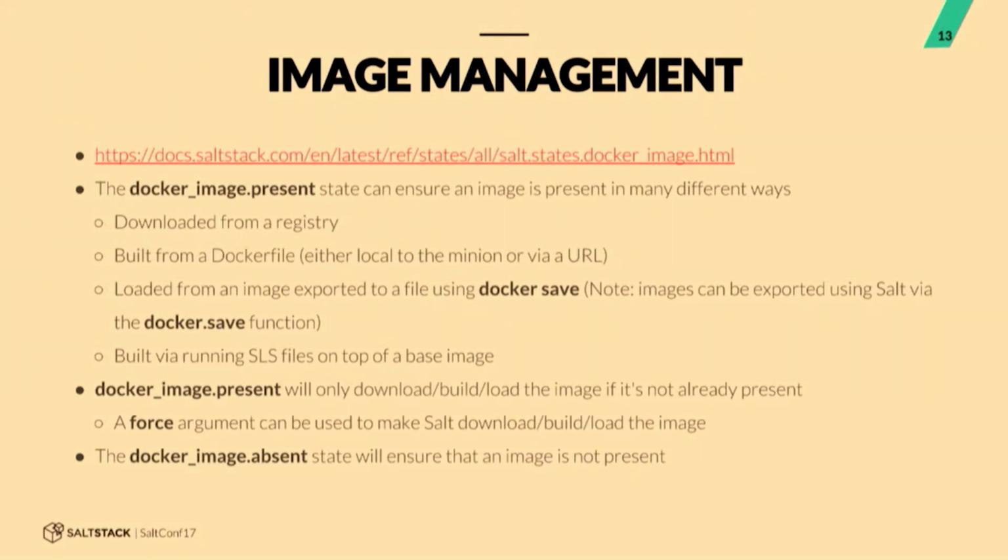And so the docker_image.present will only actually proceed if the image does not exist. If the image exists, it'll just say that the image exists, and it won't even try to rebuild it. You would use the force argument to make it a rebuild.